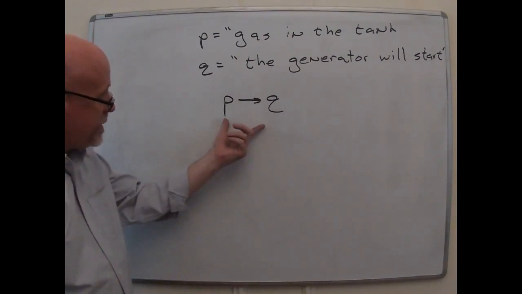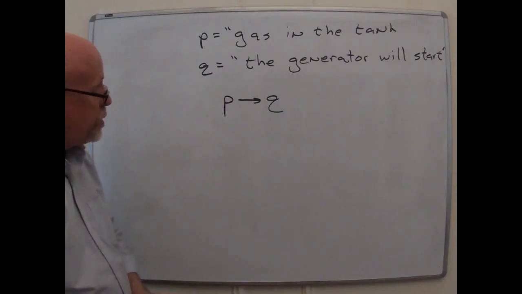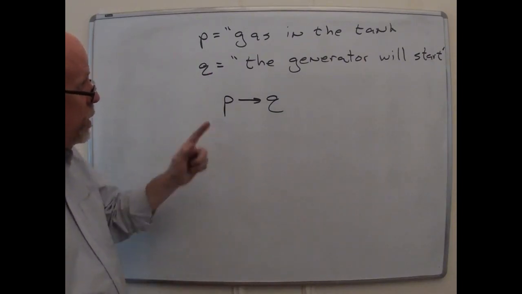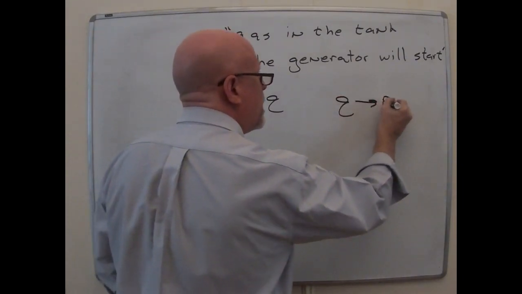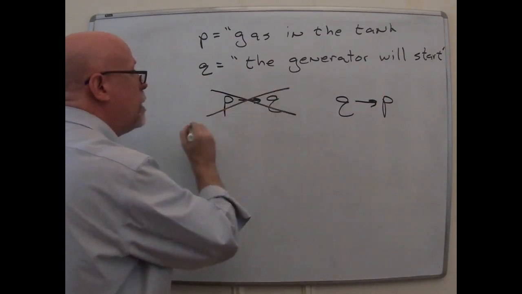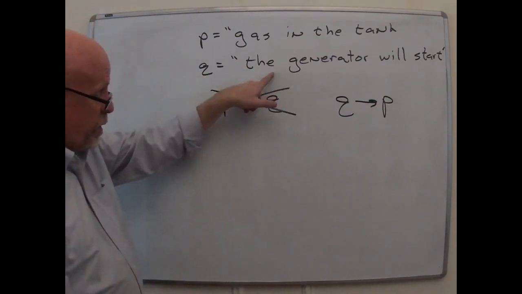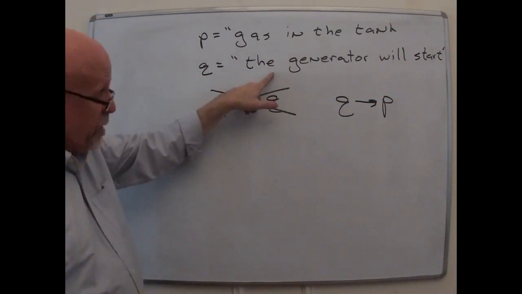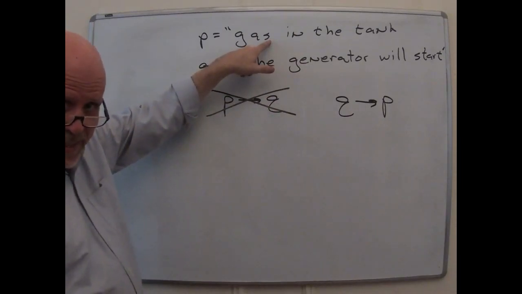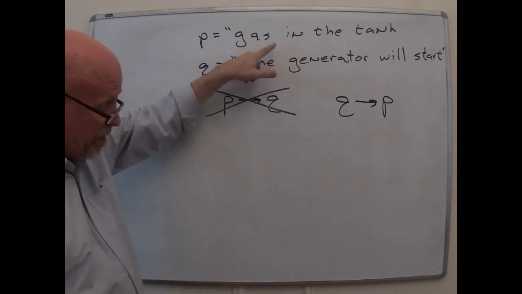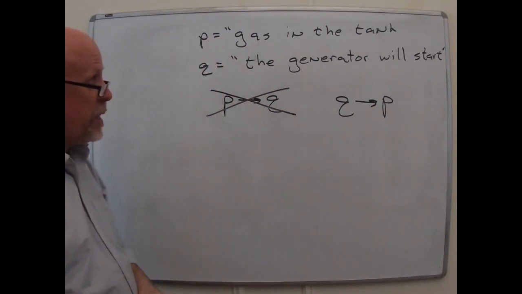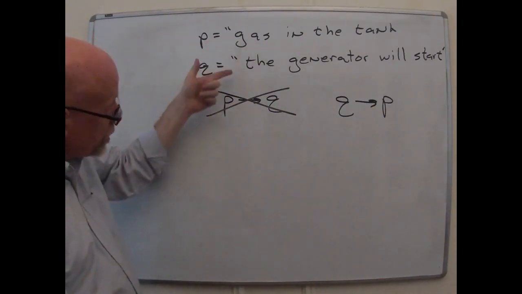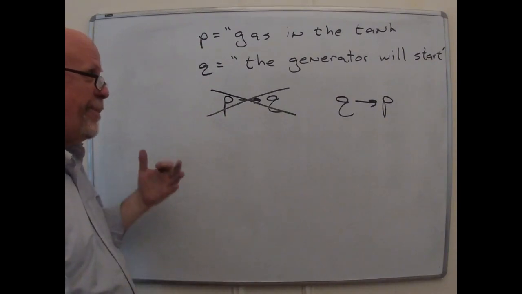So in fact, the connection between that P and that Q is not P implies Q. In fact, what it is is Q implies P. This one's wrong. See, if the generator actually starts, do you think that could be happening with no gas in the tank? So Q implies P is it: you hear the thing running, you know there must be gas in the tank. That's the correct logical connection between those two, not what it might seem at first.